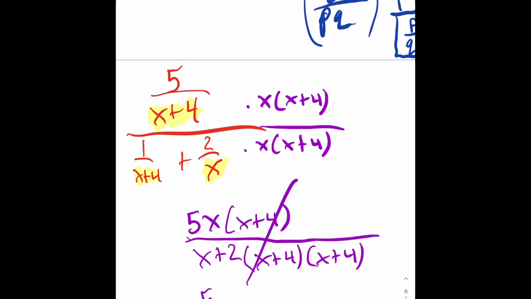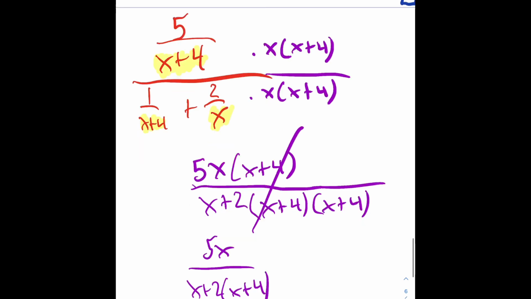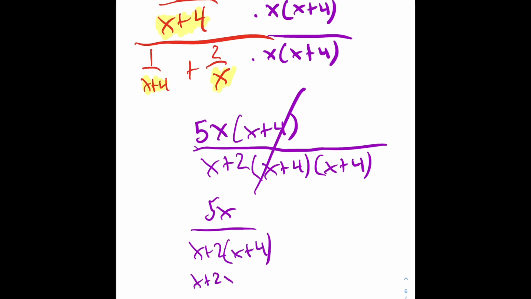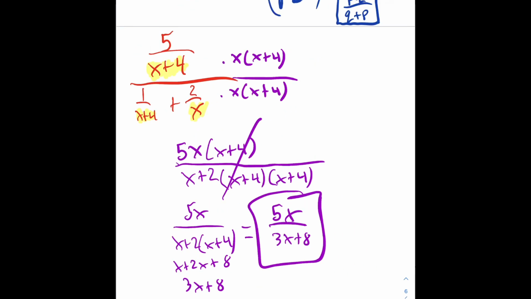So x plus 4 times x plus 4, that cancels out. All I'm left with is 5x on the top, and then x plus 2, x plus 4, x plus 2x plus 8, 3x plus 8. So 5x equals 3x plus 8.